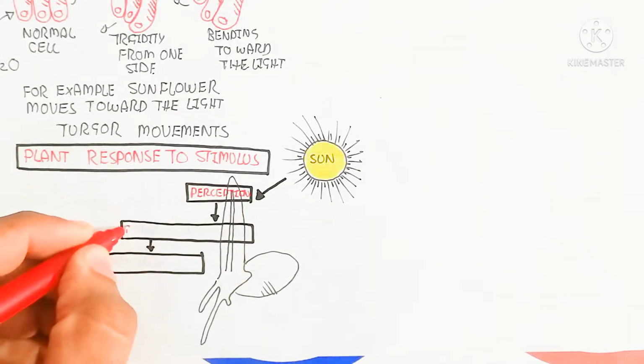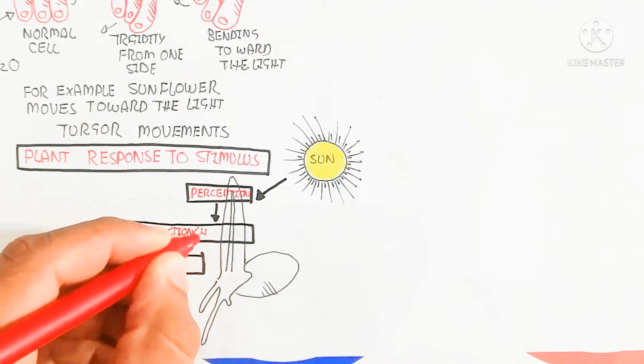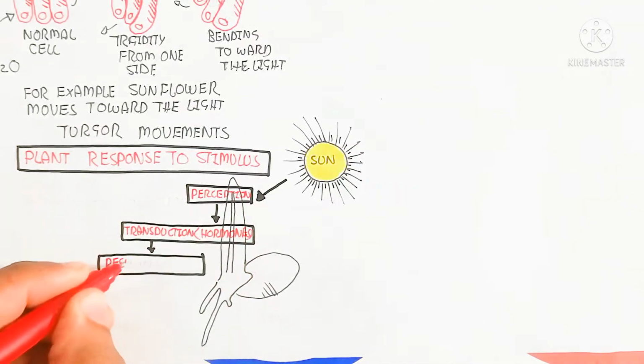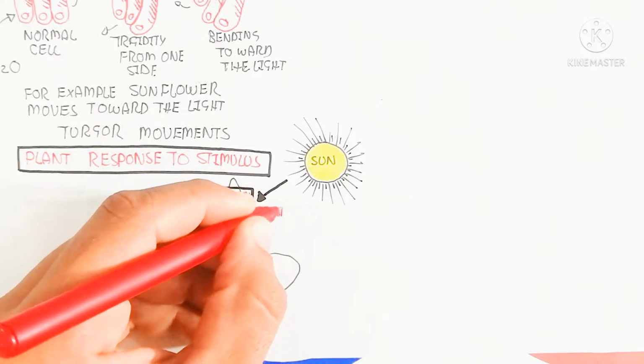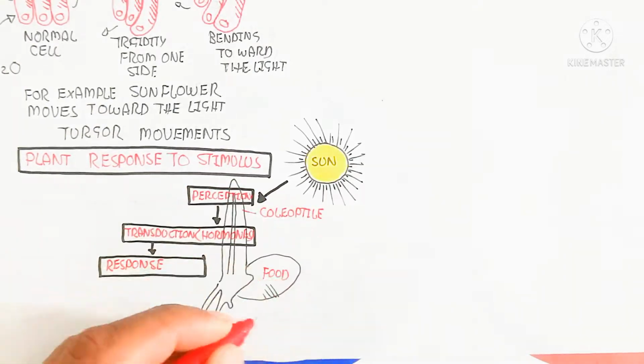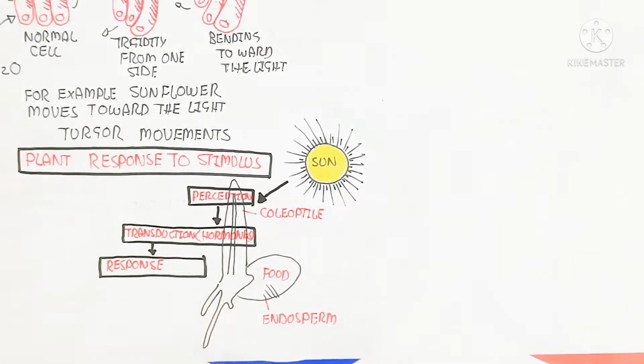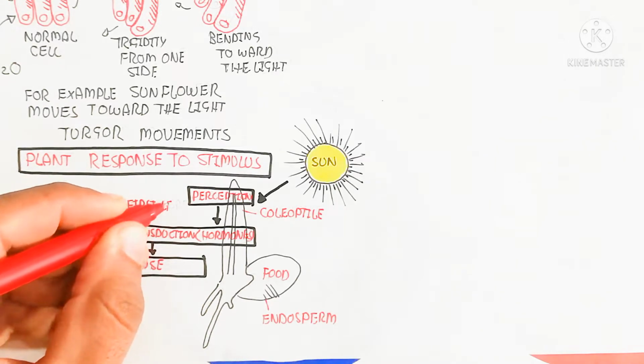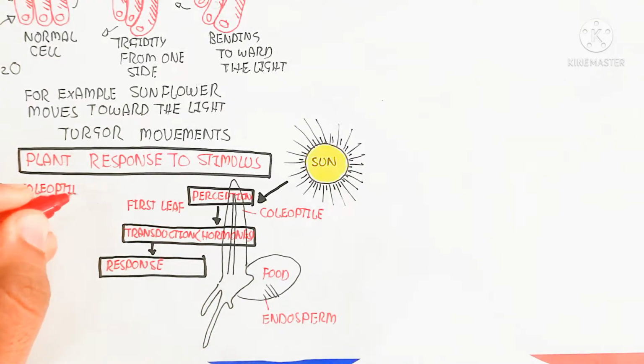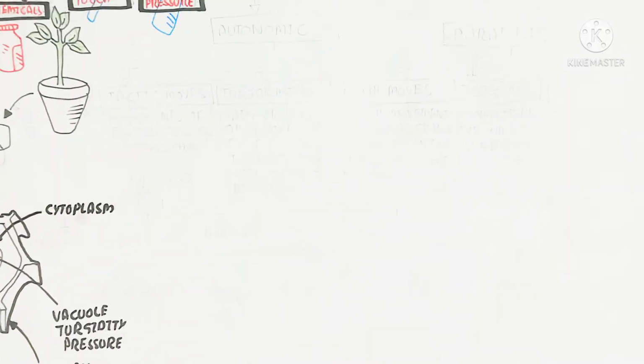When the coleoptile receives the light, it will move, and the first leaf is here, and the transduction is due to the hormones, which give the response. The coleoptile is an experimental organ we can use. So this is the basic understanding of plant movement.